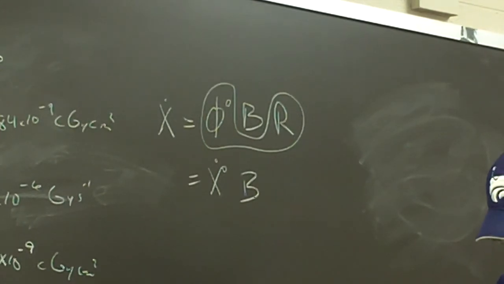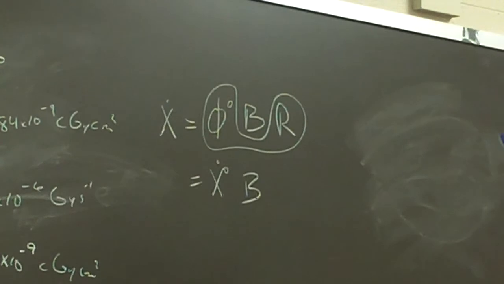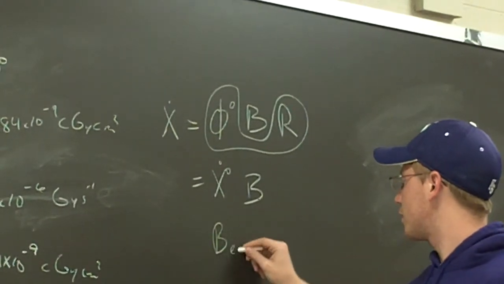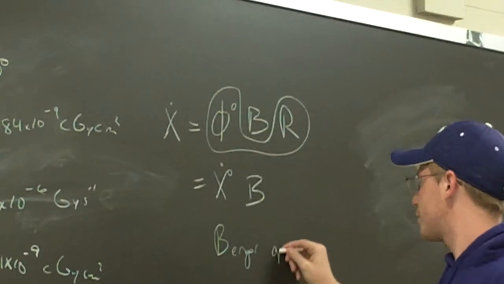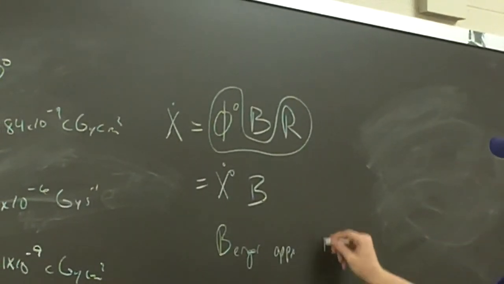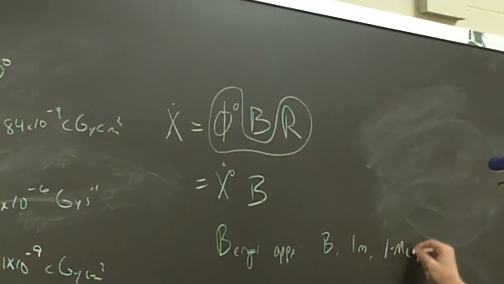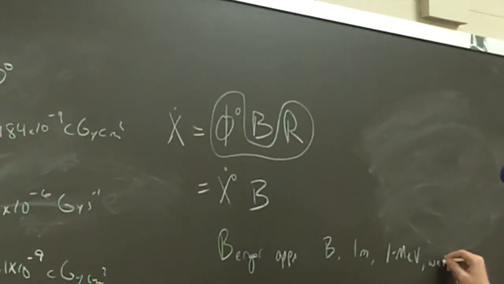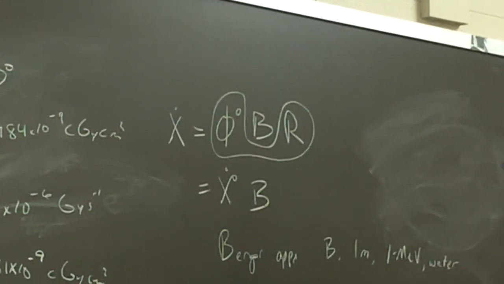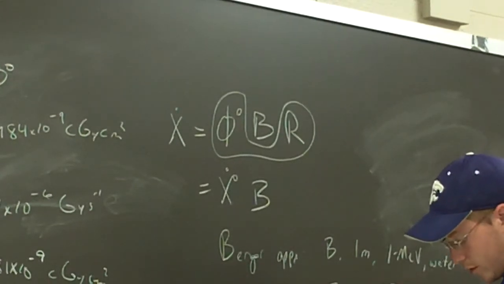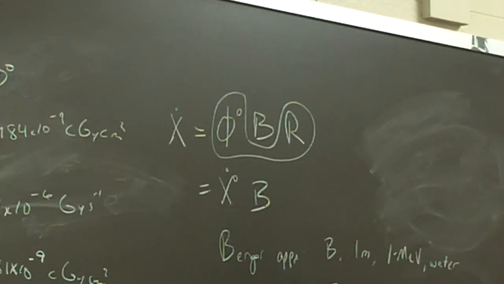So here's a time where you can use the buildup factor from shield utility. The Berger approximation for buildup factor at 1 meter, 1 MeV water, and I think you have to put all of these in here, is 14.67. Close. Pretty close. 15, you want me to break it? Yeah.